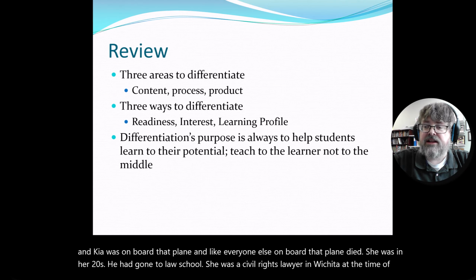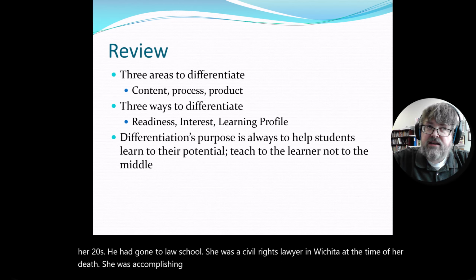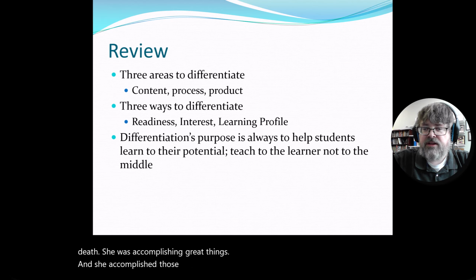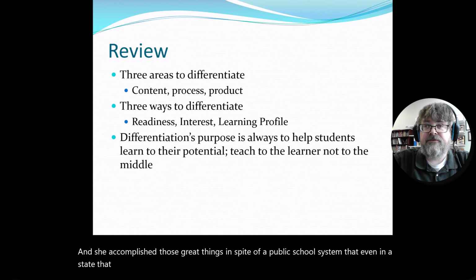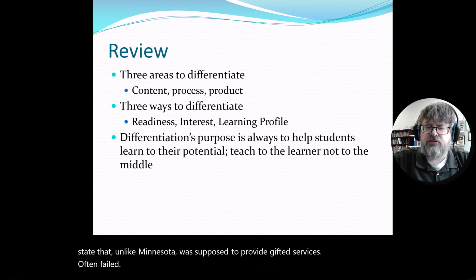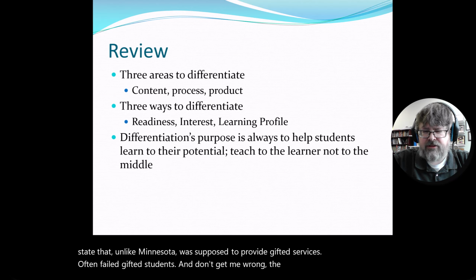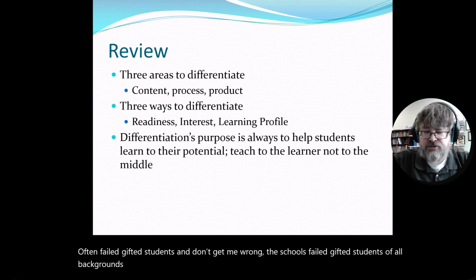She was accomplishing great things, and she accomplished those great things in spite of a public school system that, even in a state that, unlike Minnesota, was supposed to provide gifted services, often failed gifted students. And don't get me wrong, the schools failed gifted students of all backgrounds. They also failed gifted white male students.